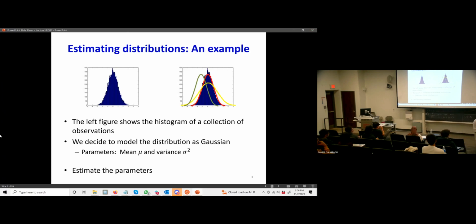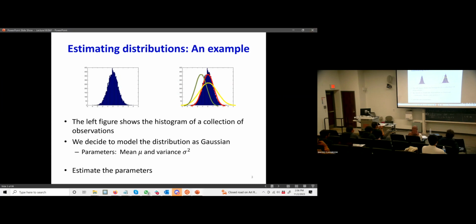And the histogram has a specific shape. So now if I want to know the distribution of this data, I'm going to have to assume some nature for the distribution, some form. And here I could assume, based on my knowledge of the shapes of various distributions, that it's Gaussian. The parameters of the Gaussian are the mean and the variance. So the problem would be that of estimating the parameters.